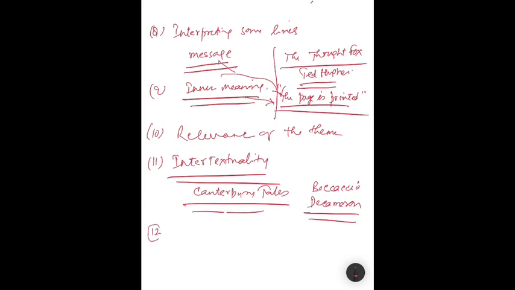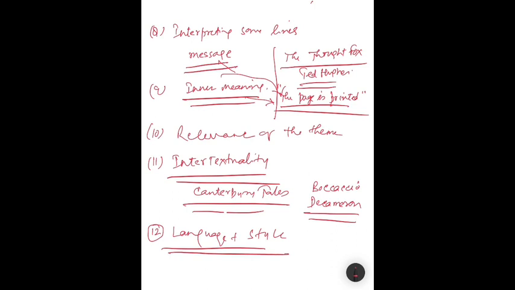Coming to a very important point, and this I think is a part of practical criticism, which you are also required to do. We're going to discuss language and style. This is something which is very important.